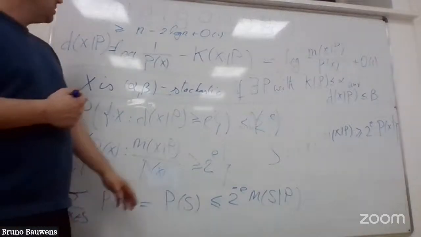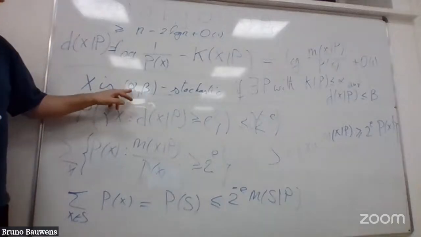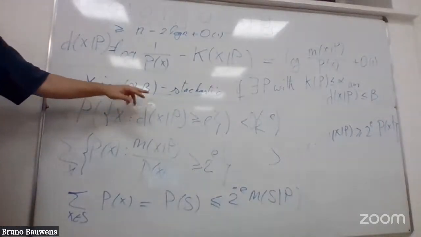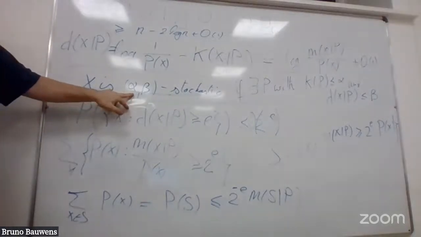So Kolmogorov's question is: is it true that every string x is alpha beta stochastic for reasonably small alpha and beta? Beta is significance, so beta is the bound on the randomness test. Alpha is the complexity of the model.